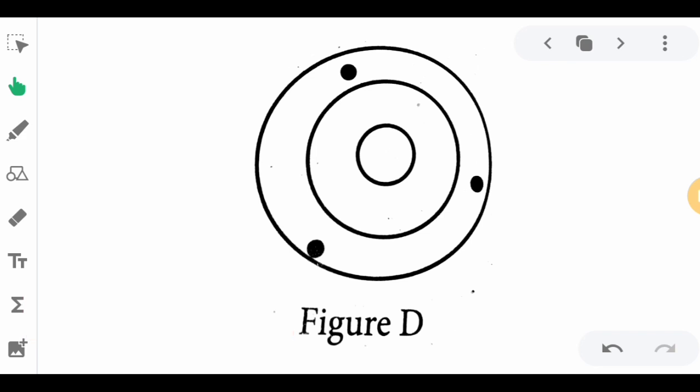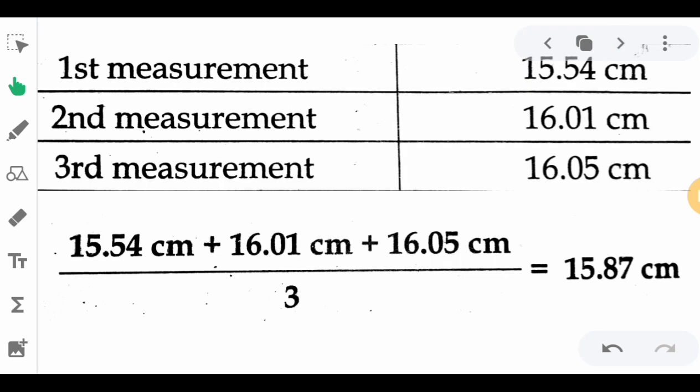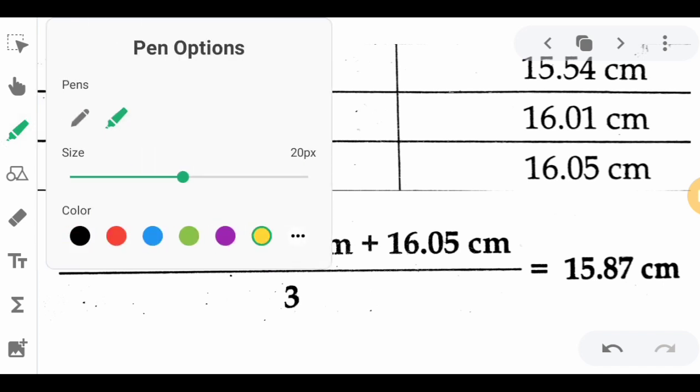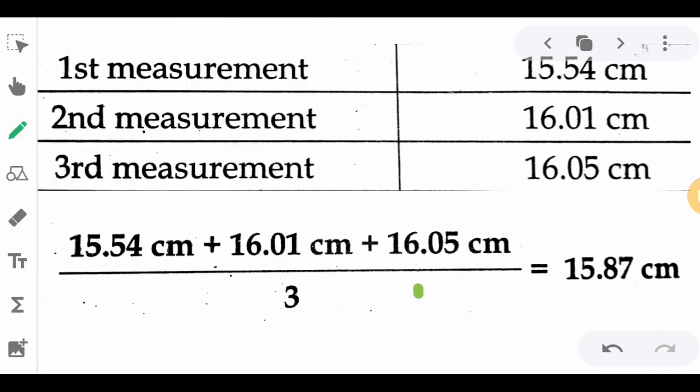Now let us proceed to the integration of figures in accuracy and precision, in terms of numbers. The problem here: the standard measure of the length of a coffee table is 16 centimeters. That is the standard value. Let us determine whether the student's measurements are accurate, precise, or both based on this table.